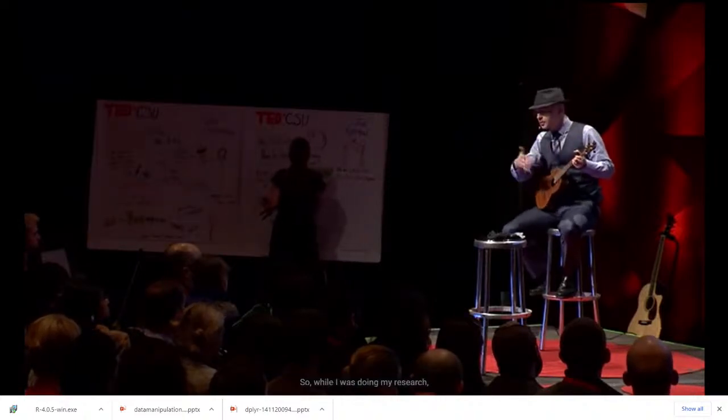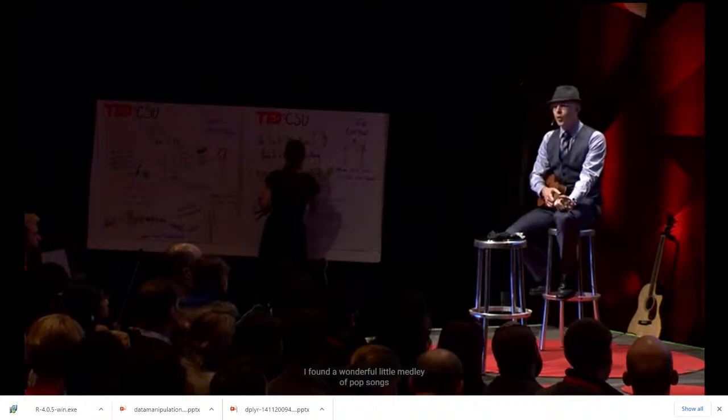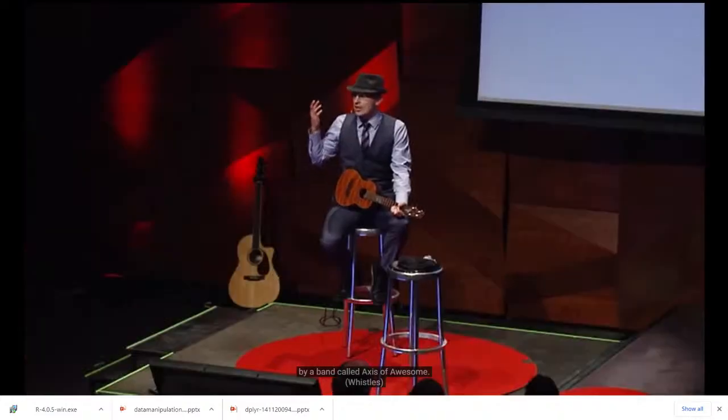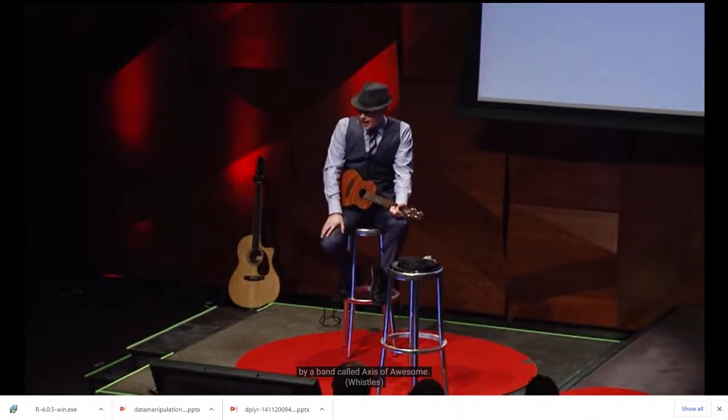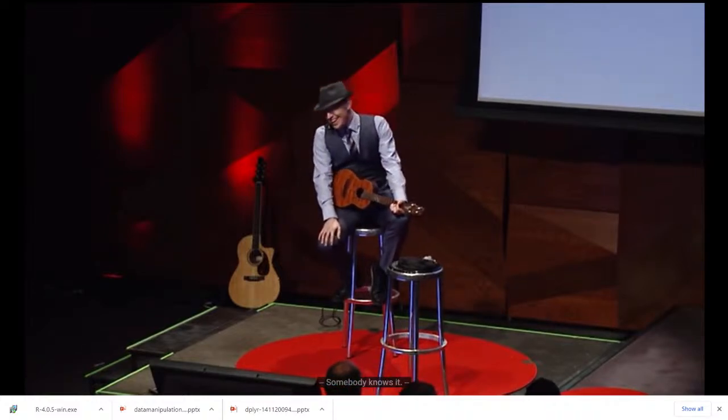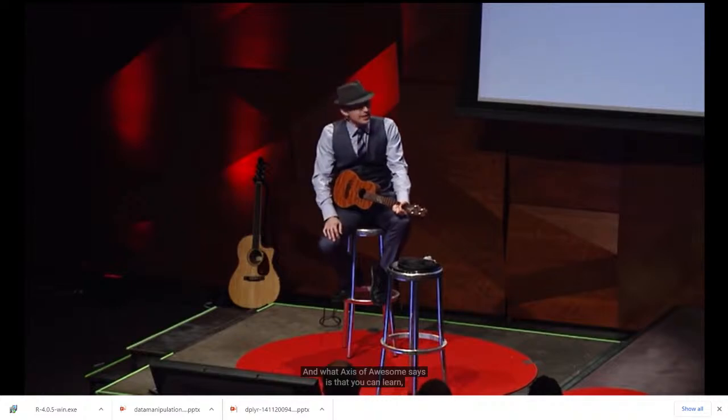So while I was doing my research, I found a wonderful little medley of pop songs by a band called Axis of Awesome. And what Axis of Awesome says is that you can play pretty much any pop song of the past 5 decades if you know 4 chords.